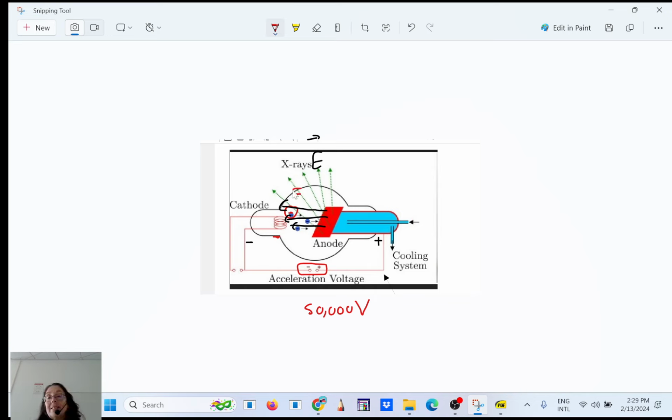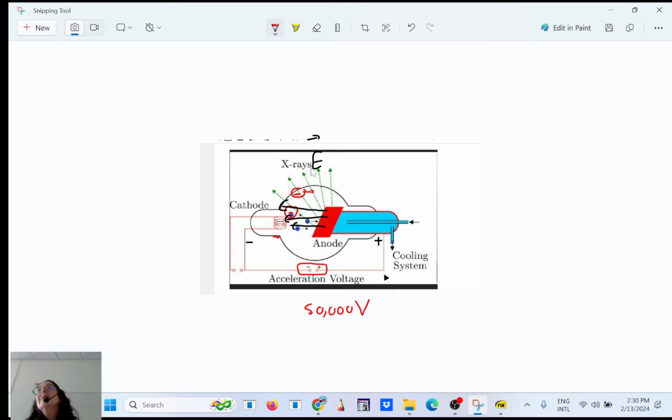Against. So all these electrons here, they're going to accelerate. They have potential energy that will turn into kinetic energy. And all that energy, they're going to crash here. This is a metallic plate, made of very heavy metal. They crash, and all that kinetic energy is going to turn into X-ray.